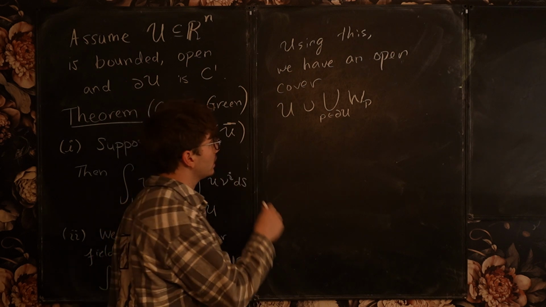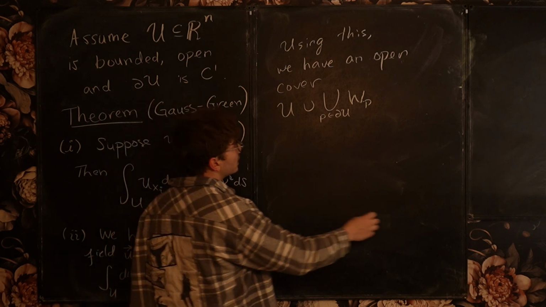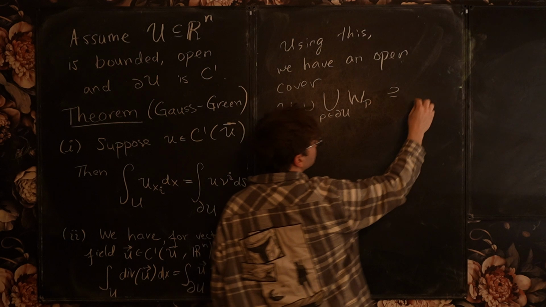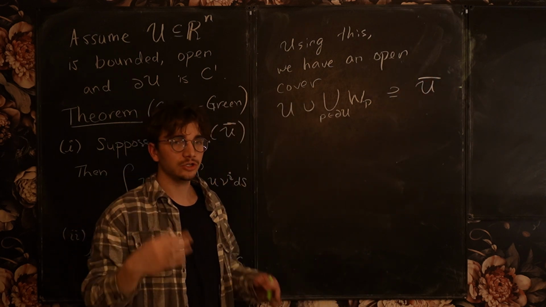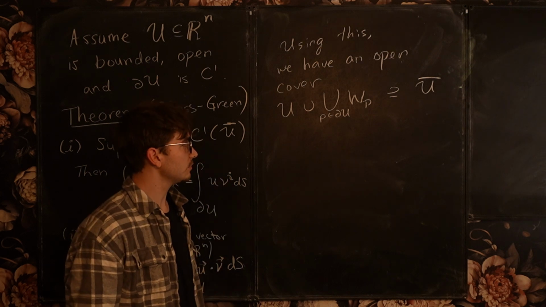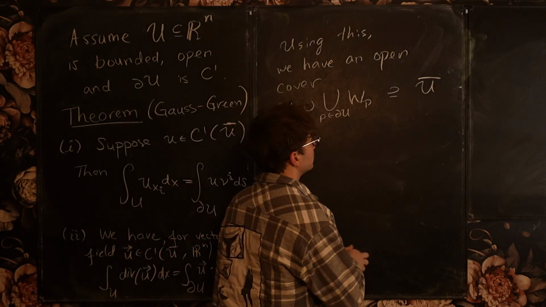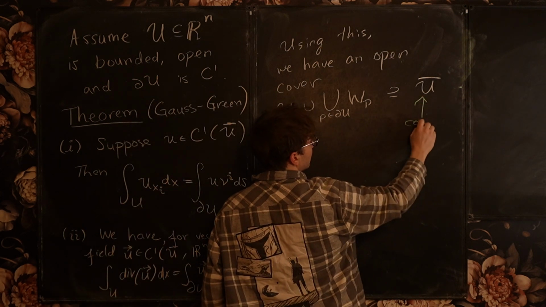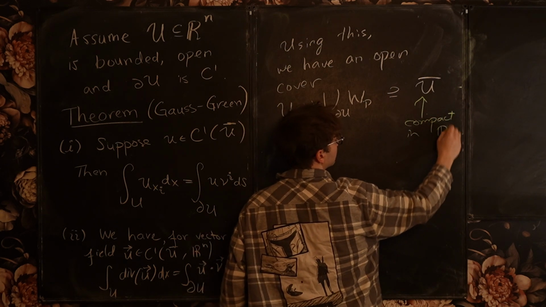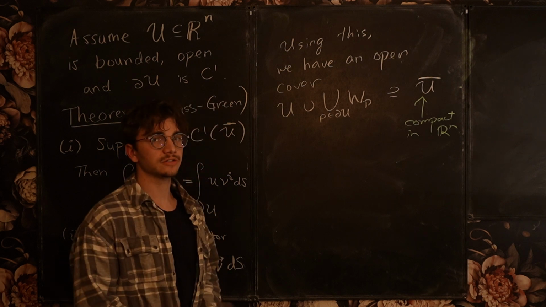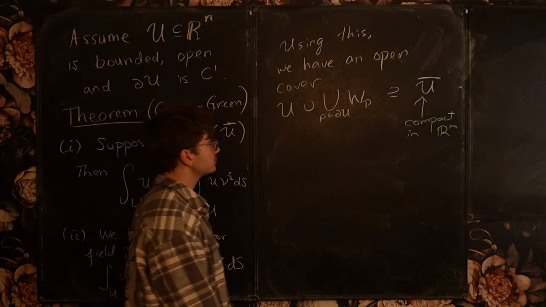And this is an open cover of the closure of U. The closure of U is U union its boundary. And this is a compact set. So this is compact in Rn, since it's closed and bounded by our assumption that U is bounded.